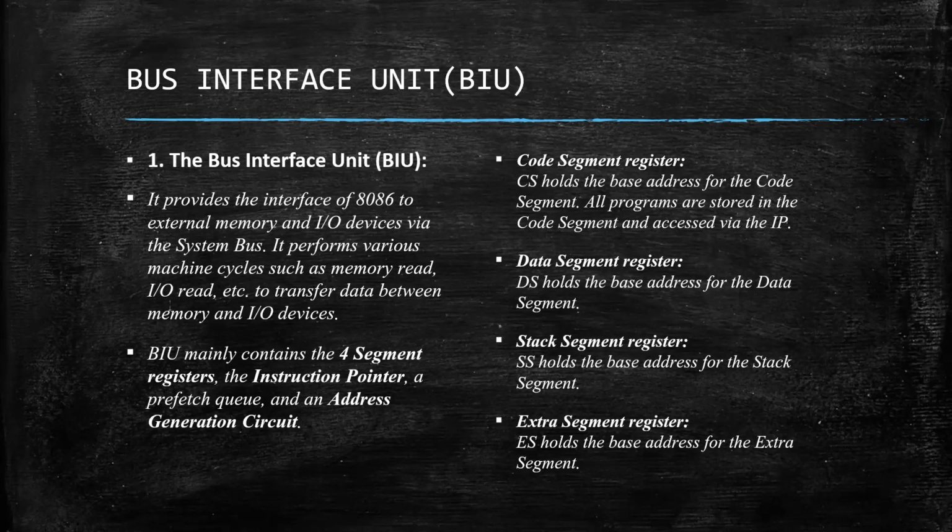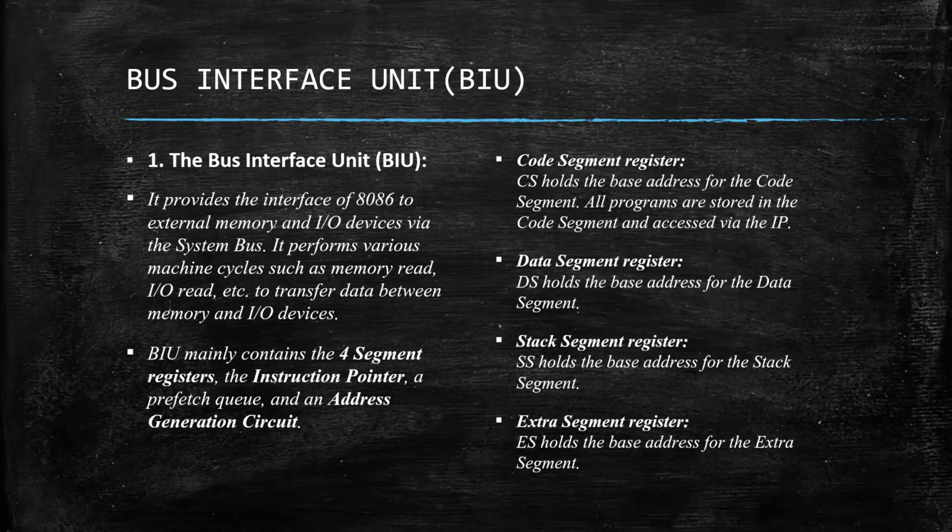The four segment registers are CS, DS, SS, and ES. CS means the code segment, and the code segment register holds the base address for the code segment. All the programs are stored in the code segment and accessed via the instruction pointer.